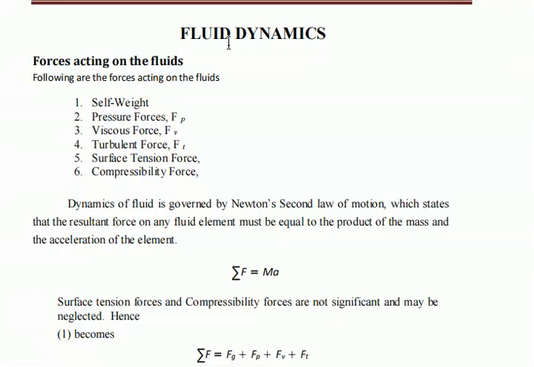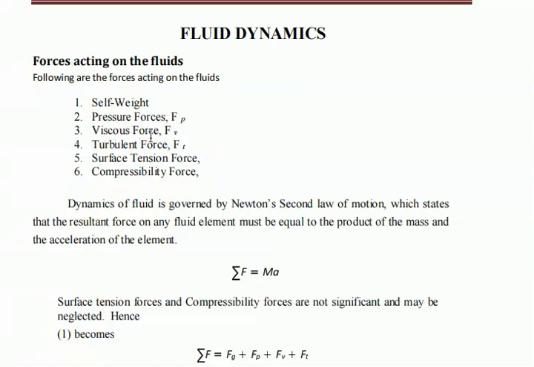Okay, so there are some forces acting on the fluids. Following are the forces acting on the fluids. The first one is the self weight. The second one is the pressure force which is acting on that fluid flow.